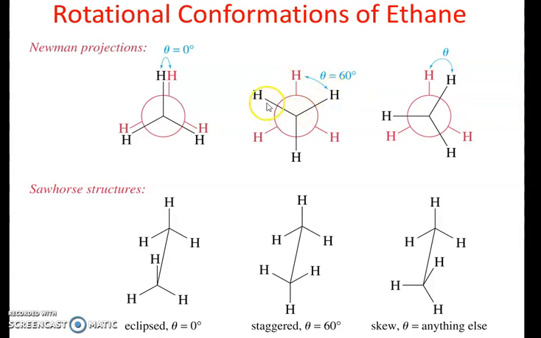The CH bond of the back carbon will be in between the two CH bonds of the front carbon, and that is not only here but everywhere. So this CH bond is in between these two. Of course, you can say this CH bond of the front carbon is between these two of the rear carbon. Clear? So any form other than the eclipsed and staggered is called a skew form.